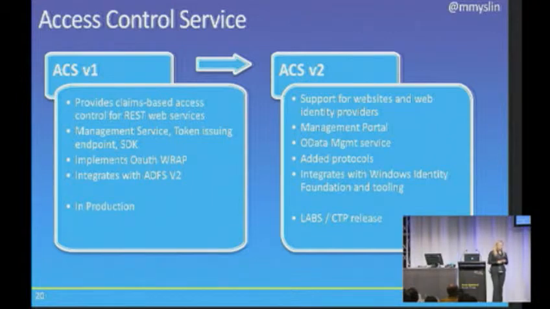The V1 of access control in our production environment today enables you to do some pretty simple things, such as create a specifically REST web service and secure it using tokens issued by the access control service. And access control can take identities or tokens from a few different identity providers, including Active Directory. We can integrate with Active Directory.